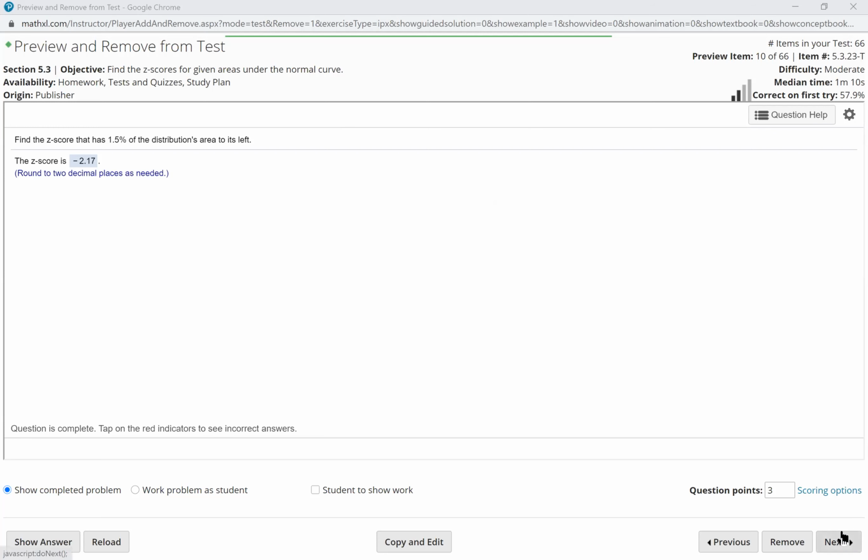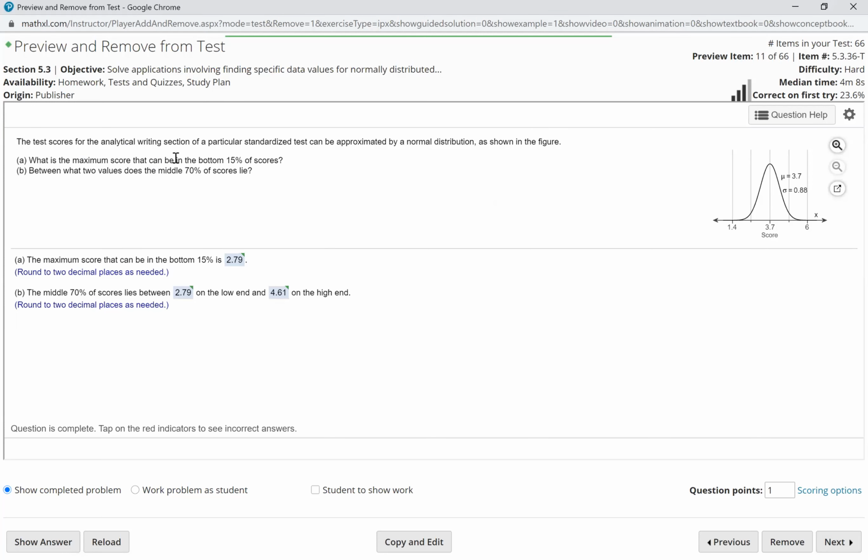Let me go to another one. The test scores for the analytical writing section of a particular standardized test have a normal distribution with 3.7 mean and 0.88 standard deviation. What's the maximum score that can be at the bottom of 15%? So what would that be, guys? If I want to do the draw, it will be inverse norm.